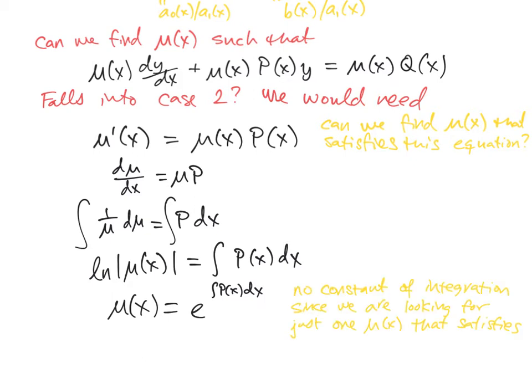The reason is that I'm not trying to look for any mu that satisfies this equation. I just need one that is going to work for my equation. So I'll just take the constant equal to 0 for simplicity. So what we have now is we've defined this mu, and this is called our integrating factor.